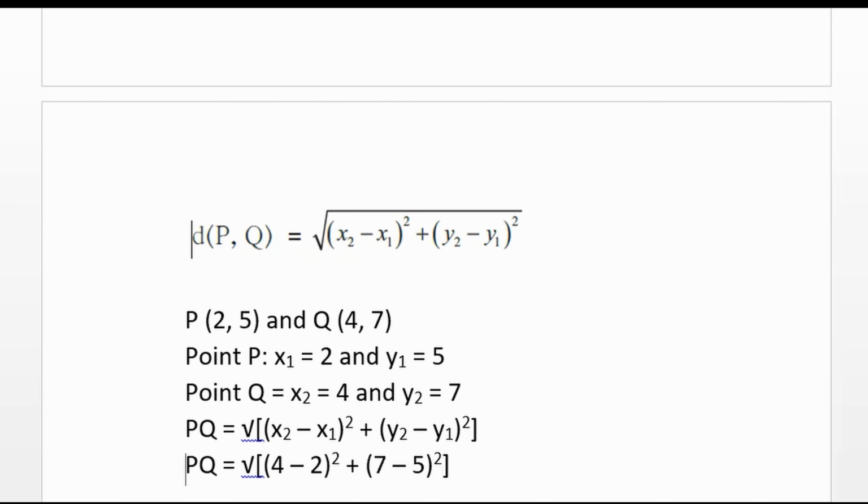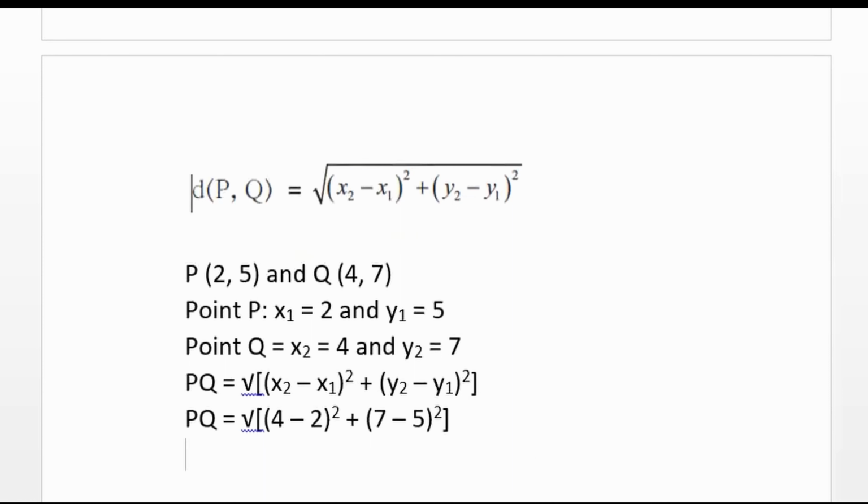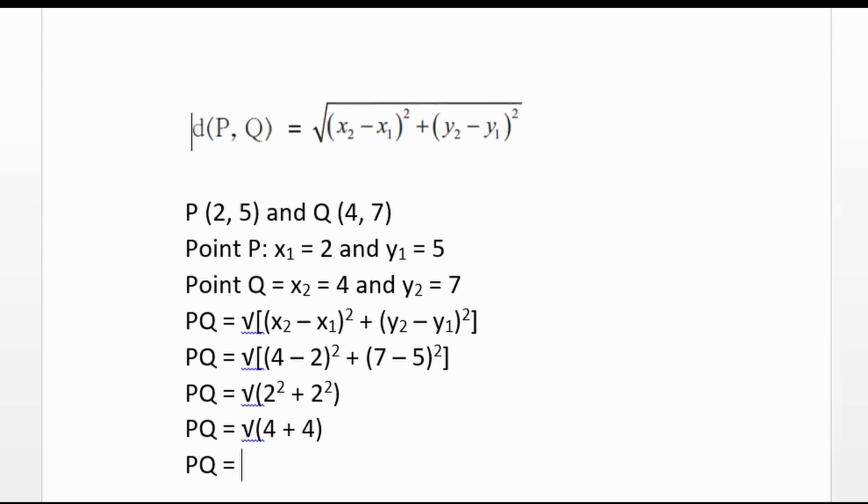So we get PQ is equal to square root of (4 minus 2 is 2) square plus (7 minus 5 is also 2) square. So PQ is equal to square root of 4 plus 4, that is square root of 8.